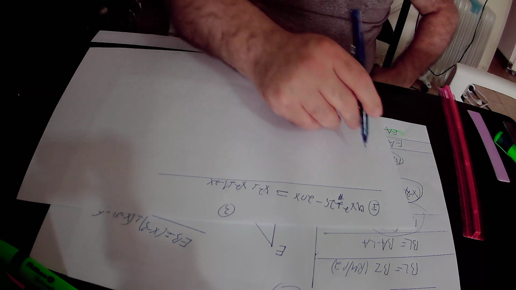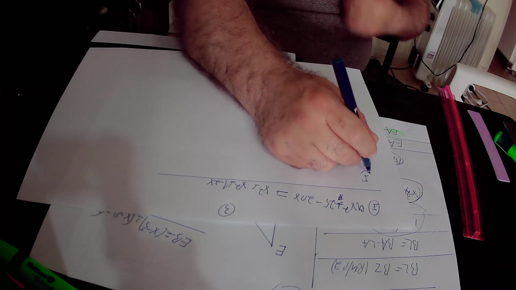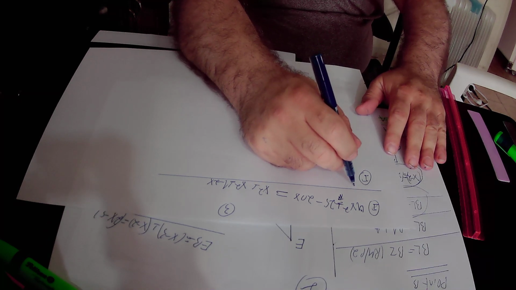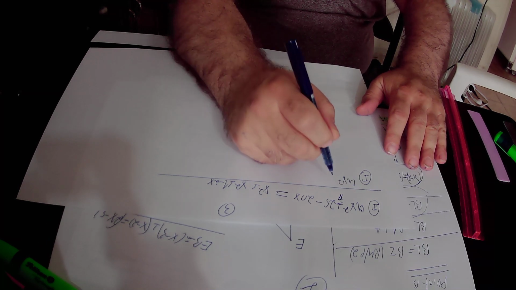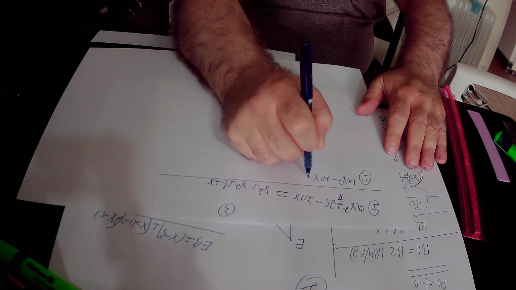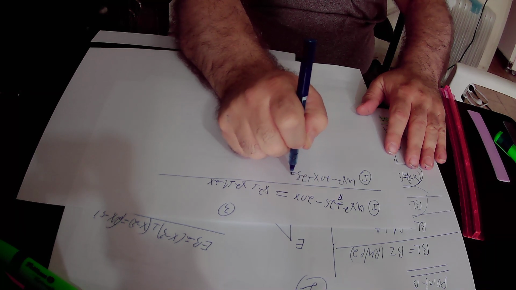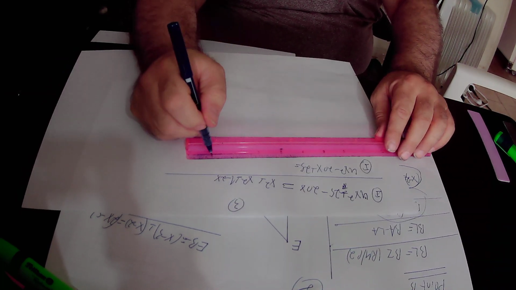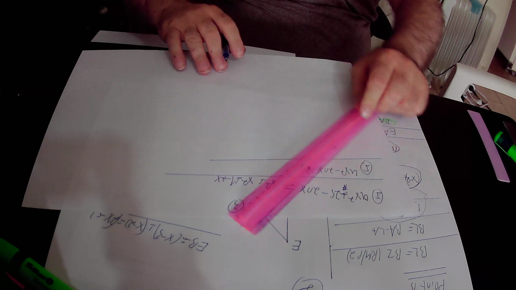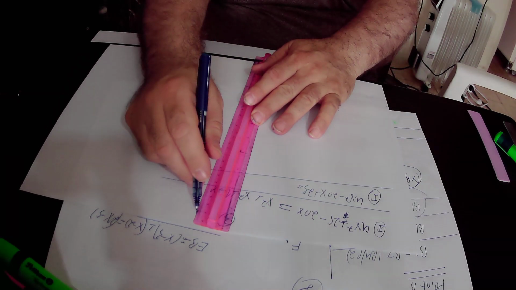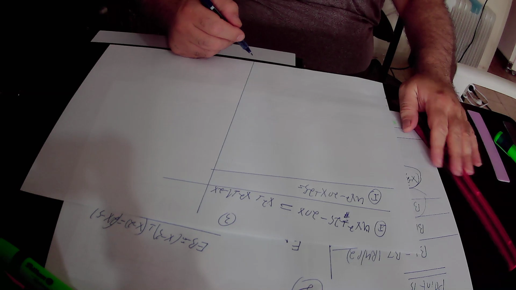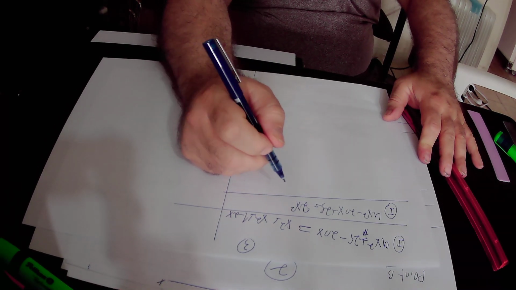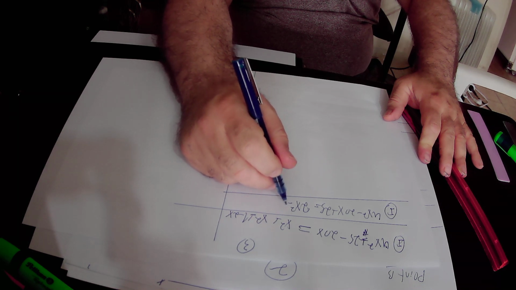So in this equation number 1 we have 4x squared minus 20x plus 25. This is equal to x squared plus x squared is 2x squared, minus 2x plus 1.